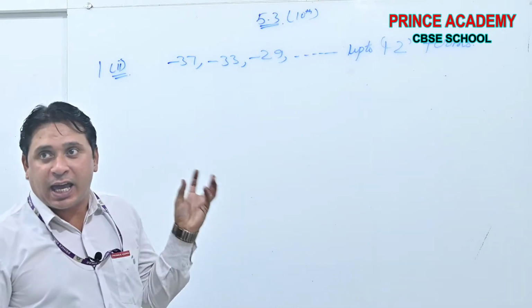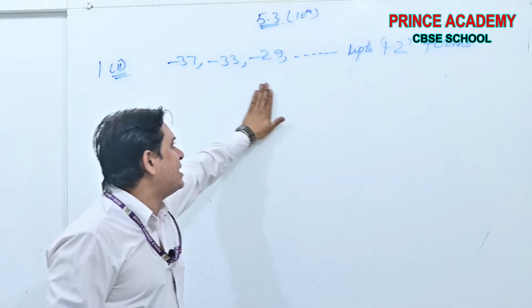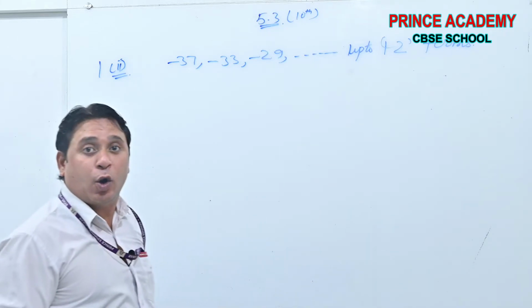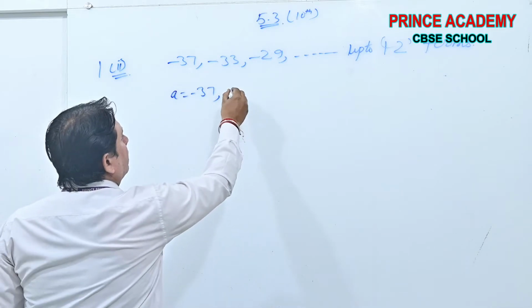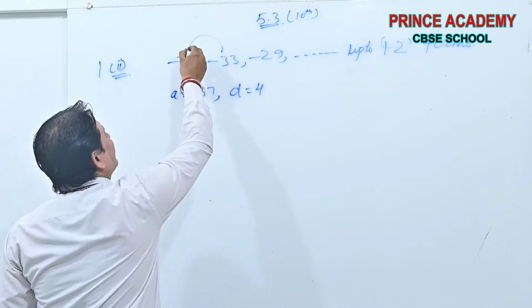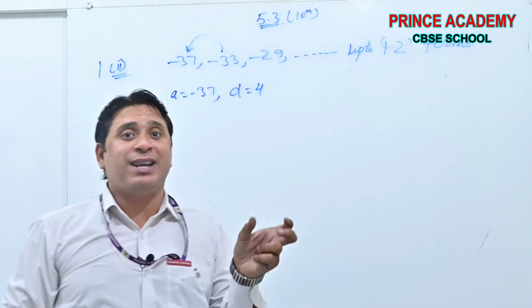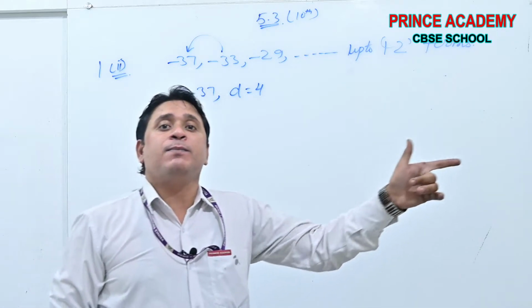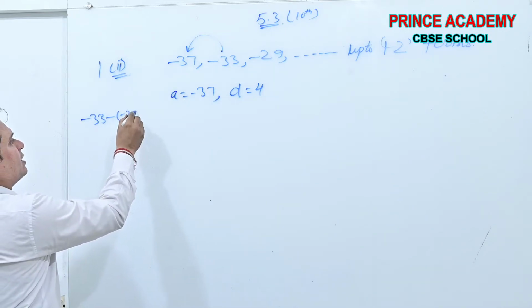In an increasing AP, D is always positive. Here A is minus 37. D is plus 4. This minus this, beta. Minus 33 minus minus 37. Whenever there is minus minus, it becomes plus. See, minus 33 minus minus 37.